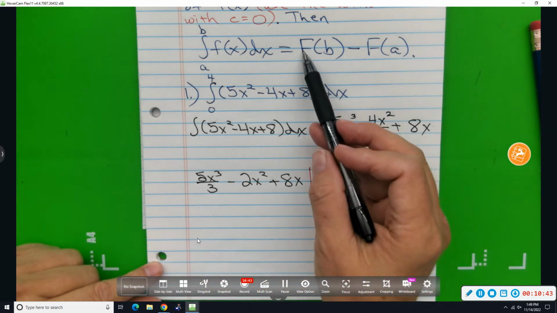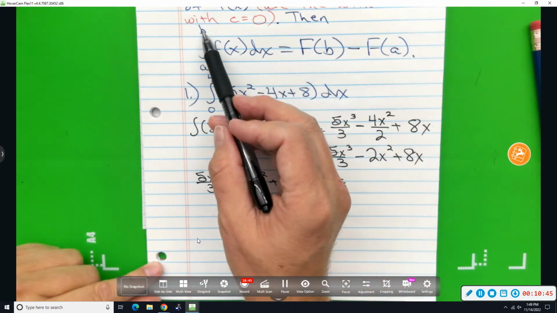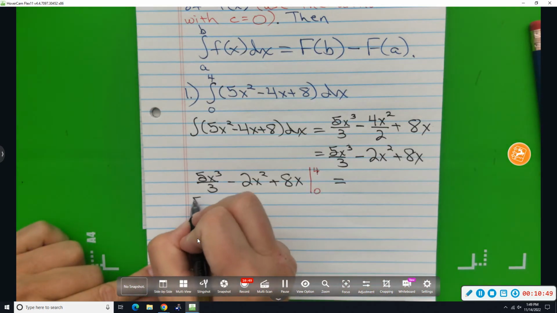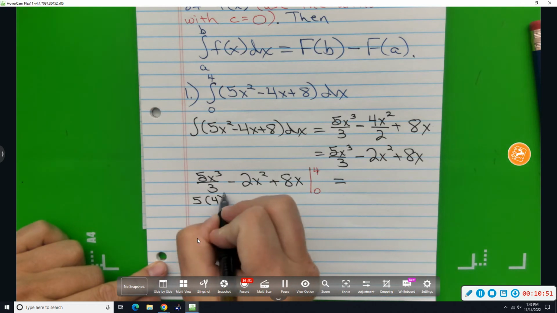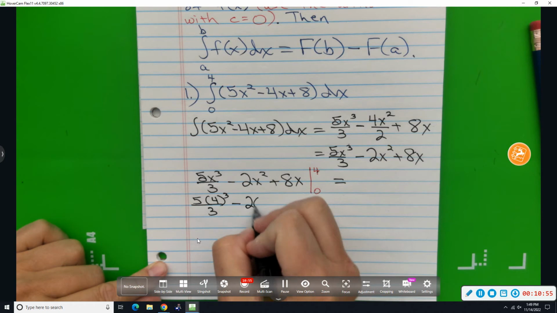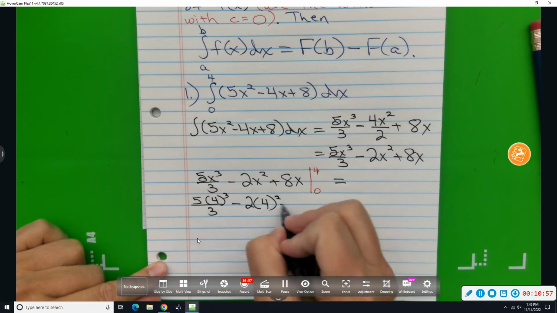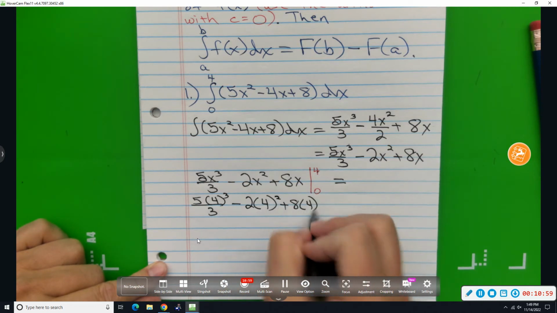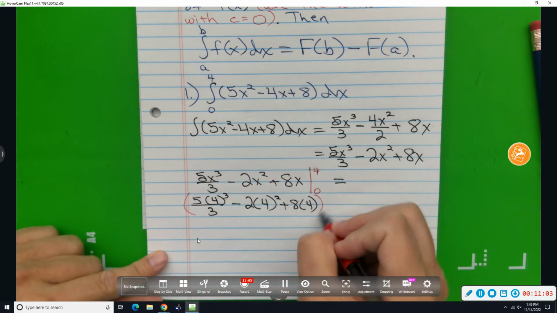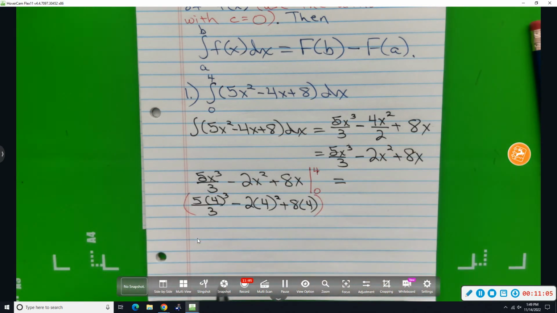I'm evaluating the antiderivative at the b value, so I'm plugging in a 4. That's 5 times 4 cubed over 3 minus 2 times 4 squared plus 8 times 4. So all of that is what I get when I plug in the 4.